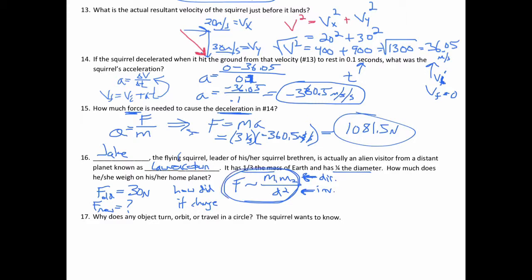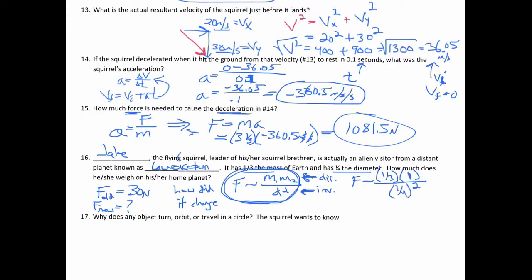So whatever changes, we can plug in however that changes in there, and it'll tell us how the force will change. Let me plug in. It was 1/3 the mass. And let's assume that the squirrel's mass doesn't change, so I'll keep that as 1. Only one of them is changing. And the distance is 1/4 of the distance, and that's squared.